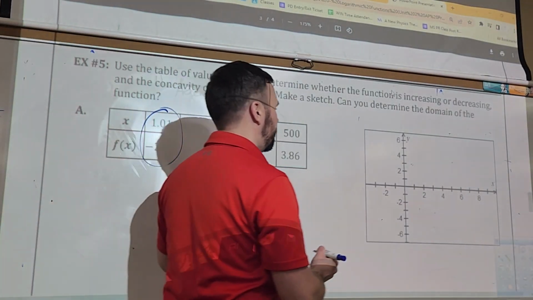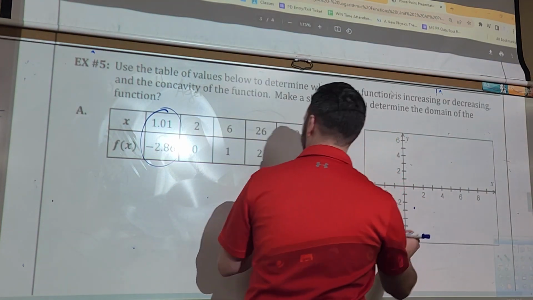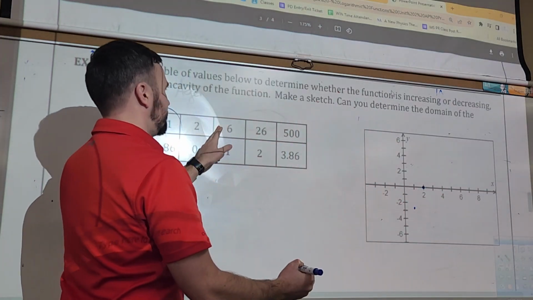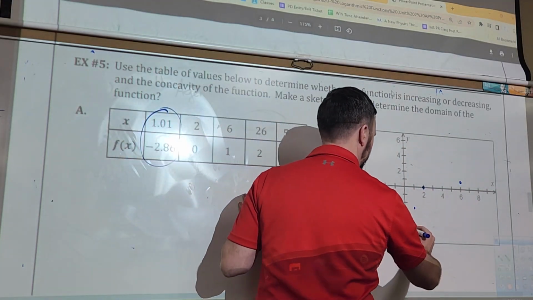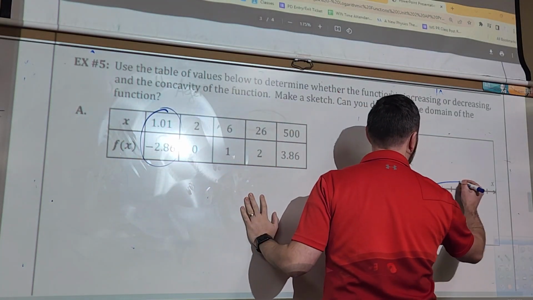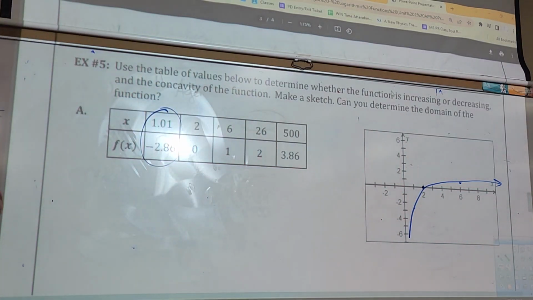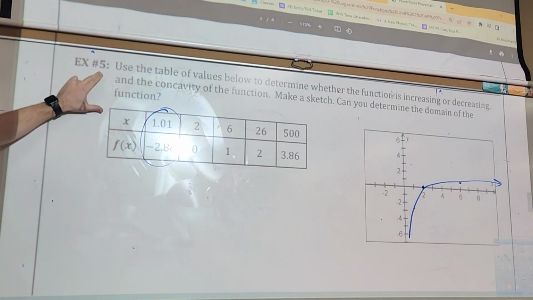All right, 1, negative 2.6, or 2.86, so like that. 2, 0. 6, 1. 20, whatever. Does that give me an idea of what this graph is going to look like? Okay. So, is the function increasing or decreasing?